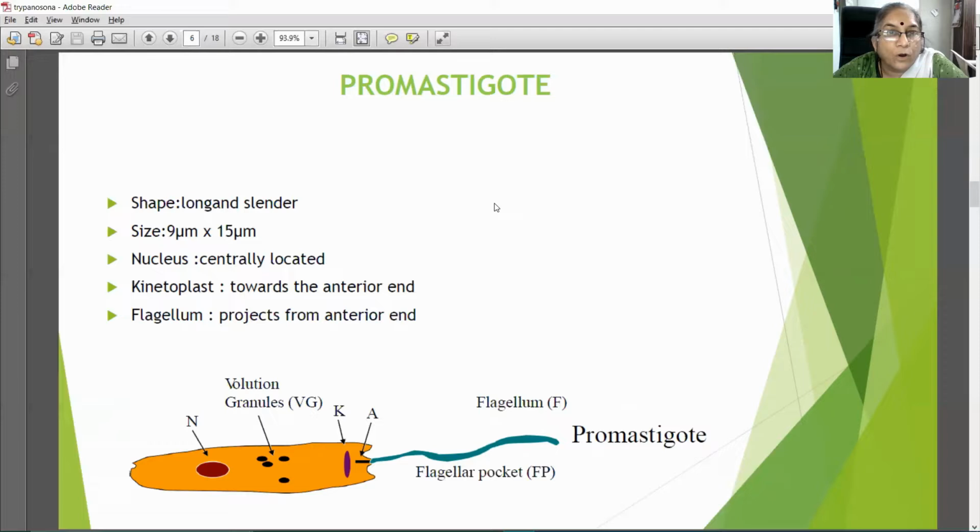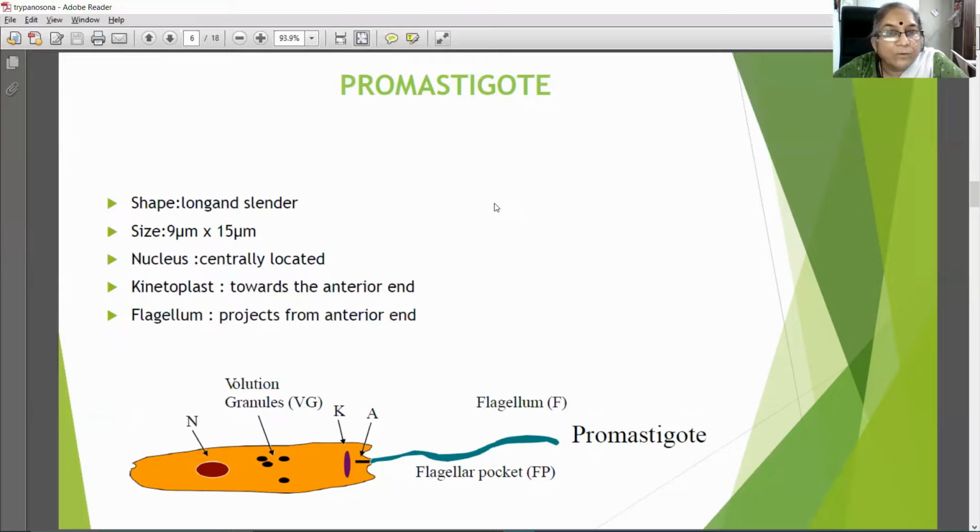Promastigote is long and slender, 9 by 15 micrometers. Nucleus is centrally located. Kinetoplast is found at the anterior end and the flagellum projects from the anterior end.